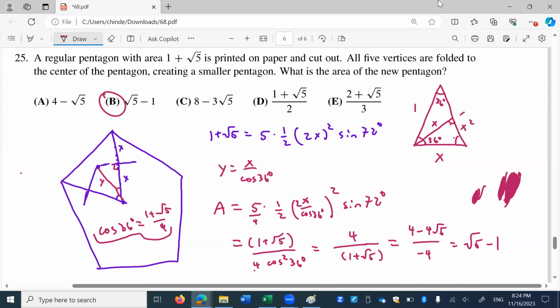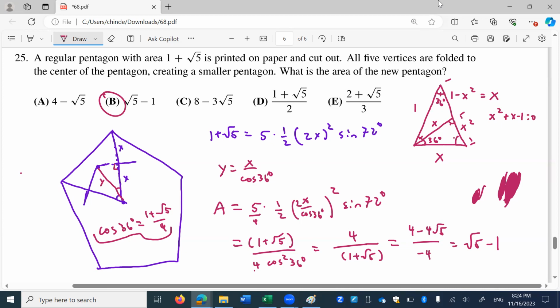And so x squared is the length of the smaller base here. And so what we have left here is 1 minus x squared. But because we have a 36 degree angle here and here, this is another isosceles triangle. And so 1 minus x squared has to equal x. And so we get x squared plus x minus 1 equals 0.